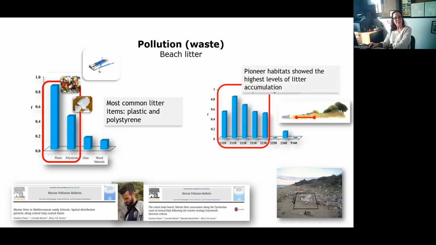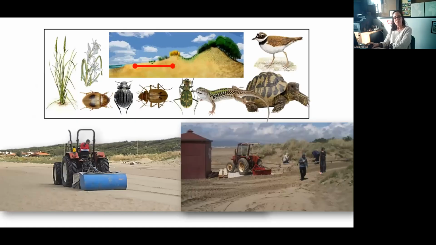There were also differences in the spatial distribution of the litter along the coastal zonation. Pioneer habitats showed higher levels of litter accumulation, mainly concentrated on the first part of the coastal zonation. And this result has important practical consequences. But why? Because beach cleaning actions are concentrated mostly in this area.